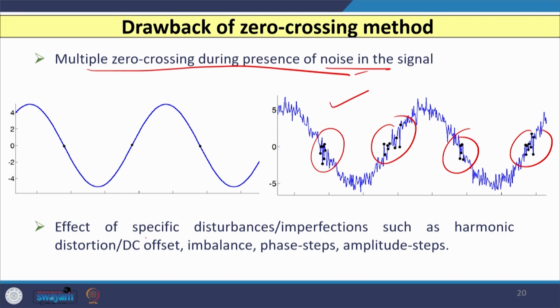Further, as I told you earlier, if the acquired signal contains harmonic components, maybe other than the fundamental, or if any distortion is present, or any step value or amplitude steps are available in the acquired signal, or if it suddenly happens, then this type of method is not suitable for estimation of frequency. In that case, we have to use some other method.